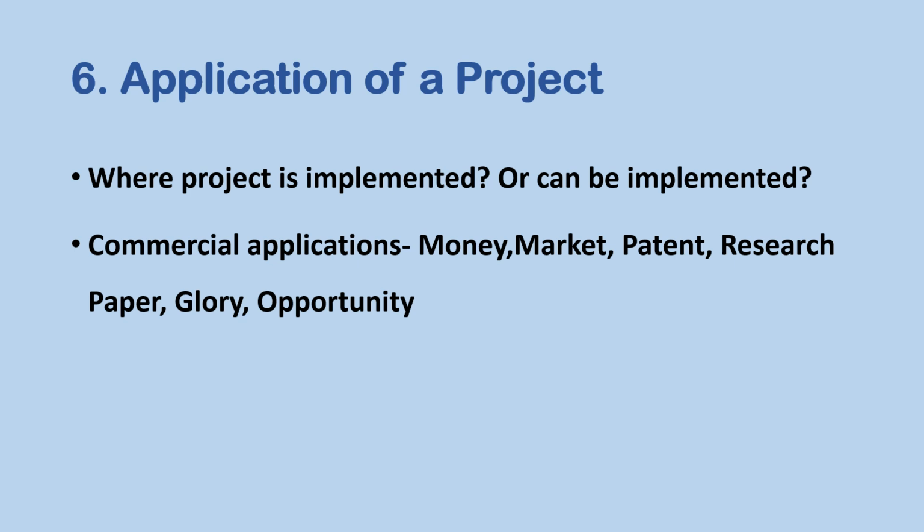You may focus on commercial applications as well, means the money that you might generate by using your project, by selling your project, or like market, patent, research paper, or glory, opportunity that you can explain under commercial applications of your project.